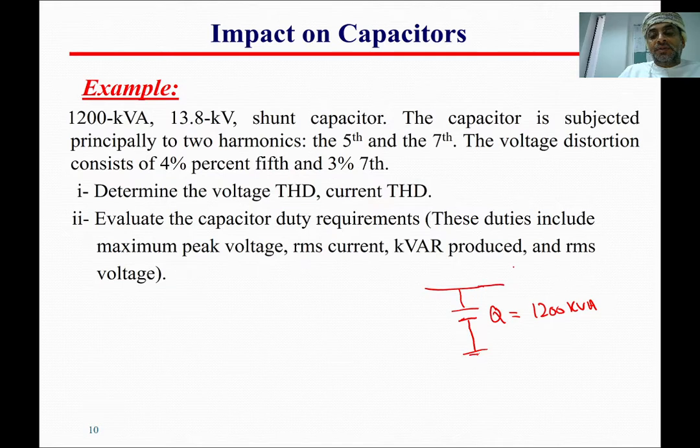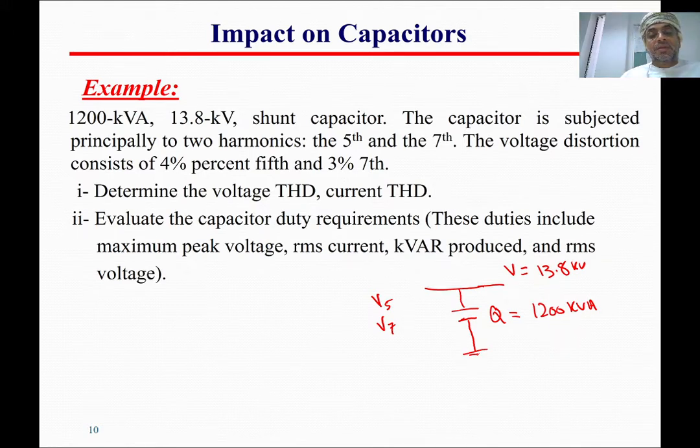It is connected to a line voltage of 13.8 kilovolt. The capacitor is subjected to two harmonics, the 5th and the 7th. So the capacitor will have a 5th harmonic and a 7th harmonic, and the percentages are given.